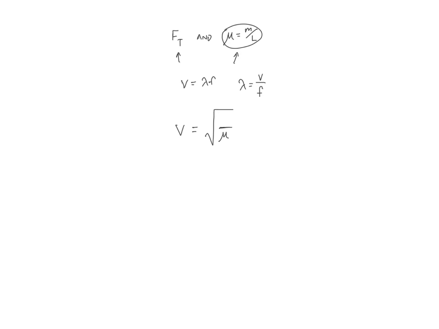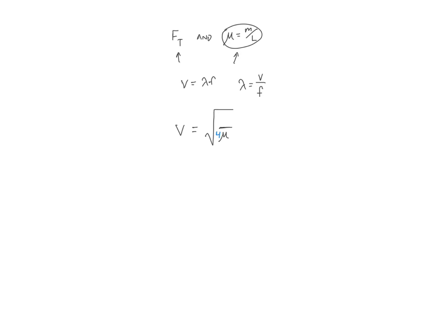linear density. So using proportional reasoning, if the linear density in the last string is 4 times as much as the first string, so I'll multiply that mu by a 4, how does that affect the V? Well, the 4 is under a square root sign, so it's in the denominator.